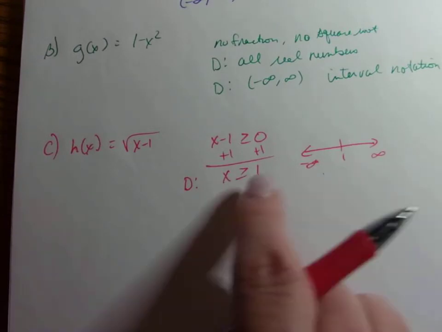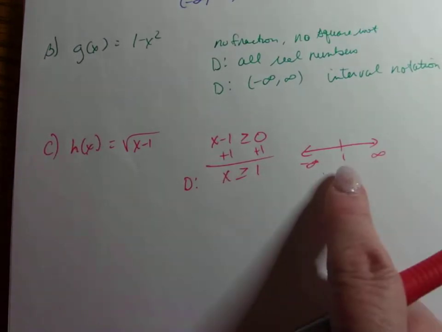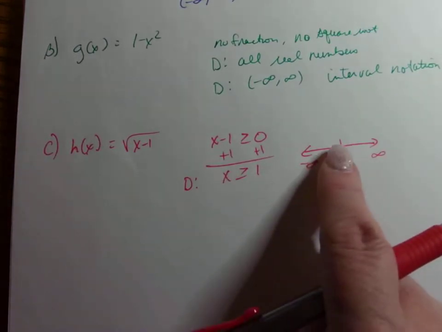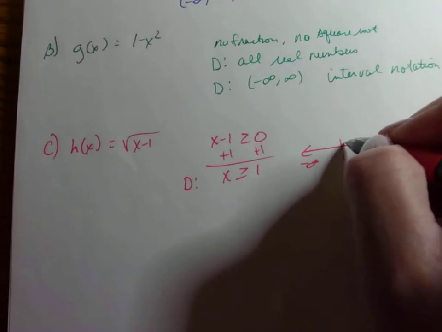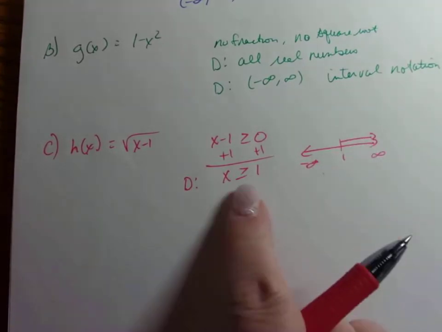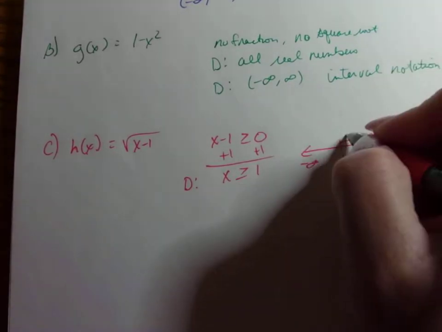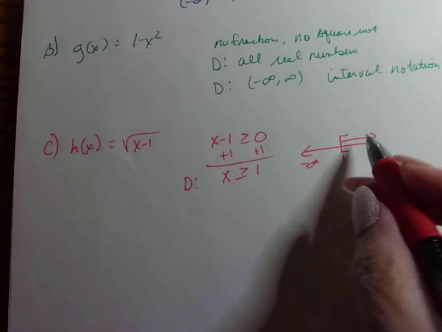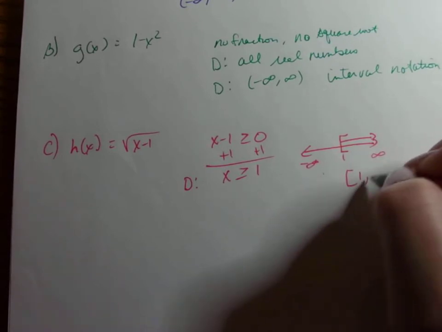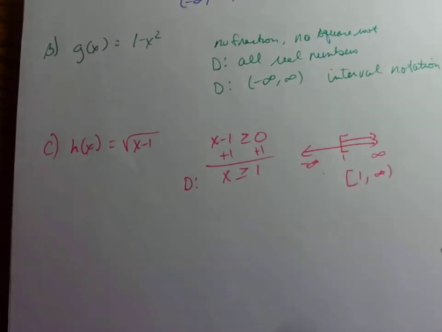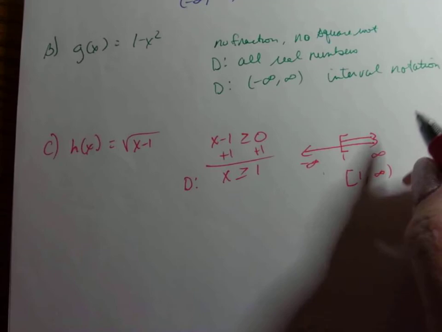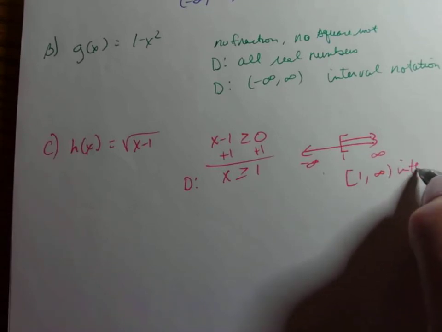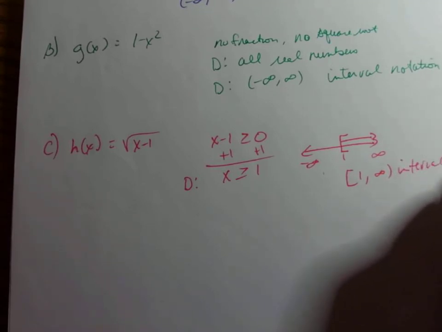Not because it points that way, but because the greater goes to the right, less than goes to the left. They kind of match. Now on this one, because we have an equal to, we'll get a bracket instead of parentheses, because we can actually include the 1, and it'll be 1 to infinity. Infinities always get parentheses. So again, this is going to be your interval notation.